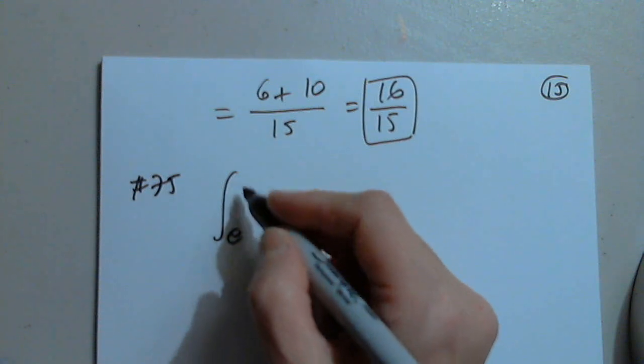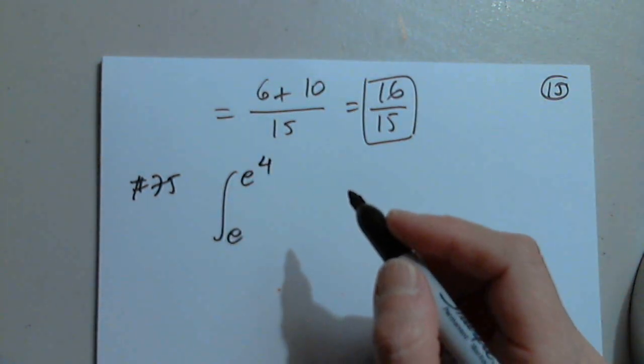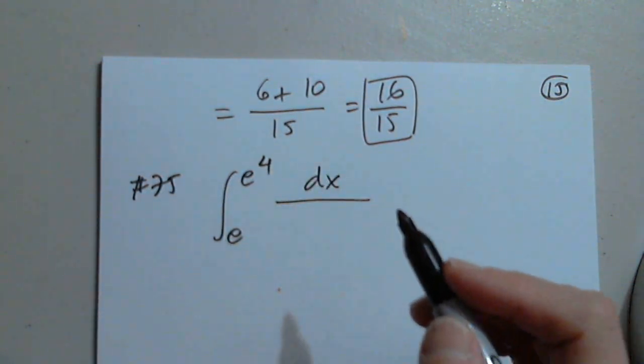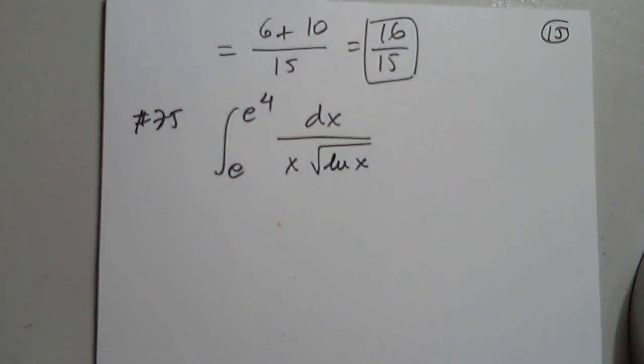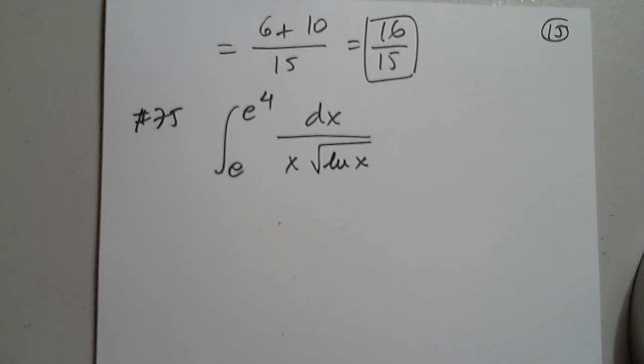The integral from e to the 4th, dx over x, the square root of natural log x. Okay, what do you think?